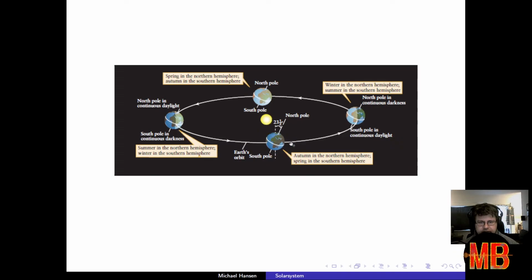For the autumn equinox, we have the same situation here. The daytime length will be the same all the way around. And finally, we have here in the northern hemisphere the winter solstice, where the North Pole will be in continuous darkness and the South Pole will be in continuous daylight.